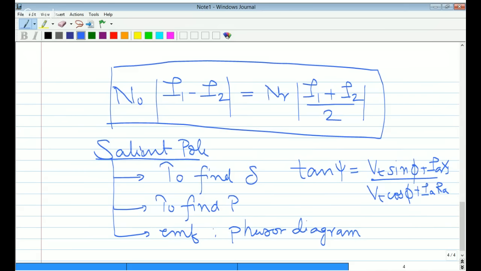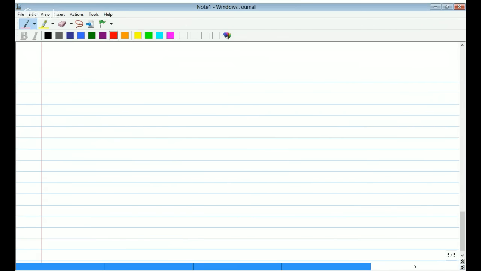And now, since the topic of salient pole has arisen, let me show you one method that I have learned recently. Always remember internal power factor angle psi is equal to delta plus phi. We can derive different cases based on this. For the case of motor, replace delta by minus delta.